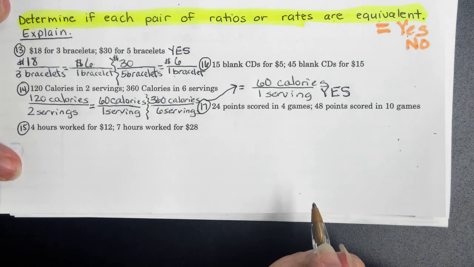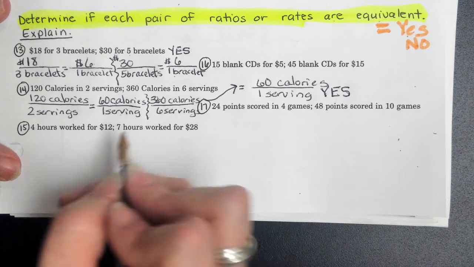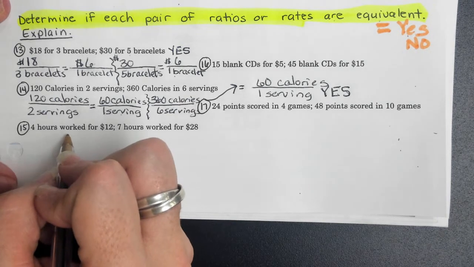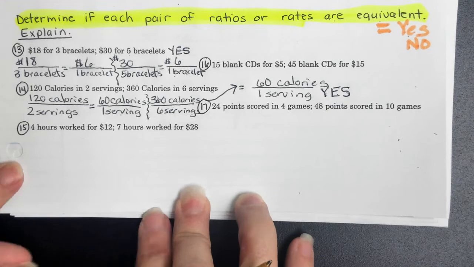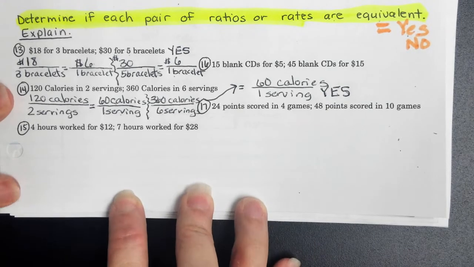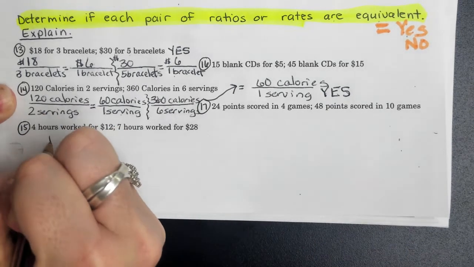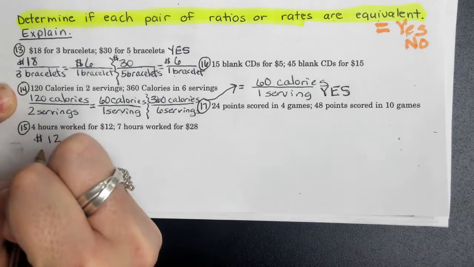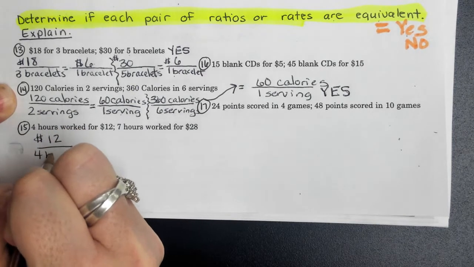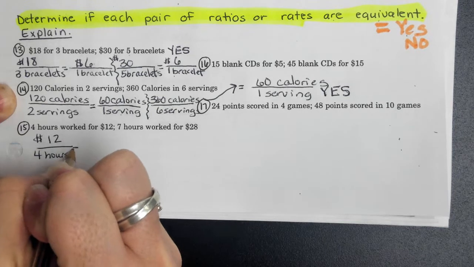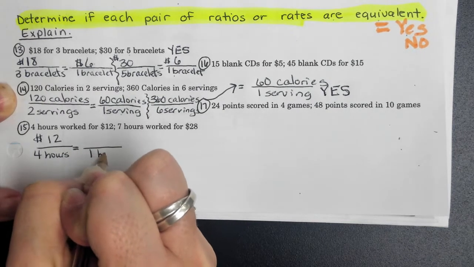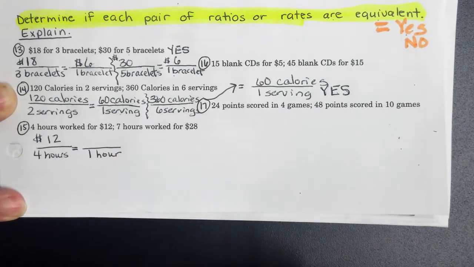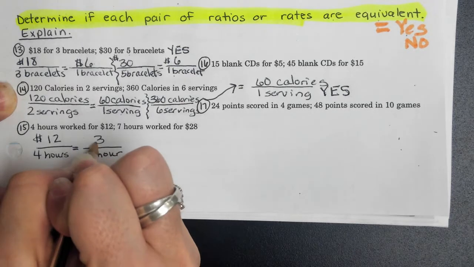Okay. I'm just going to keep going at this point. Number 15. 4 hours worked for $12 or 7 hours worked for $28. Money goes on top, so I'm going to do $12 for 4 hours equals how much for 1 hour? $3.